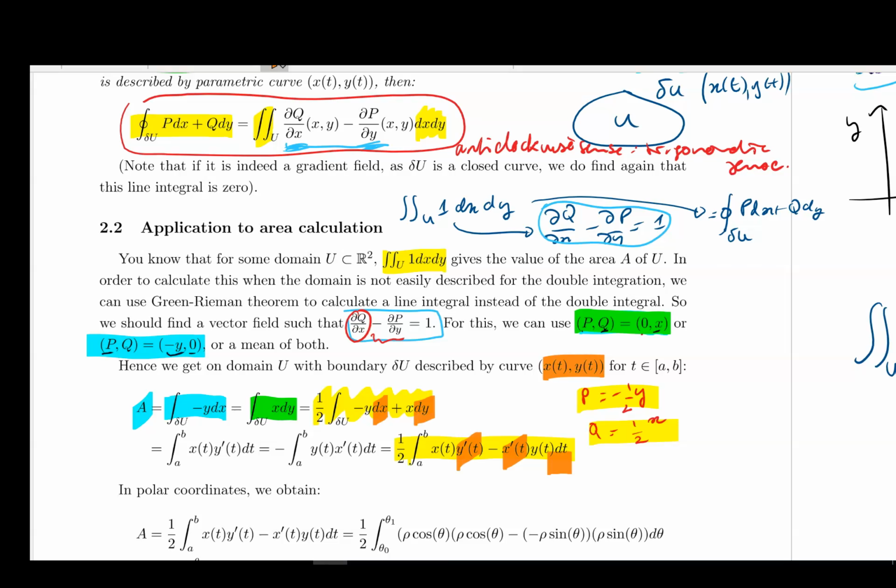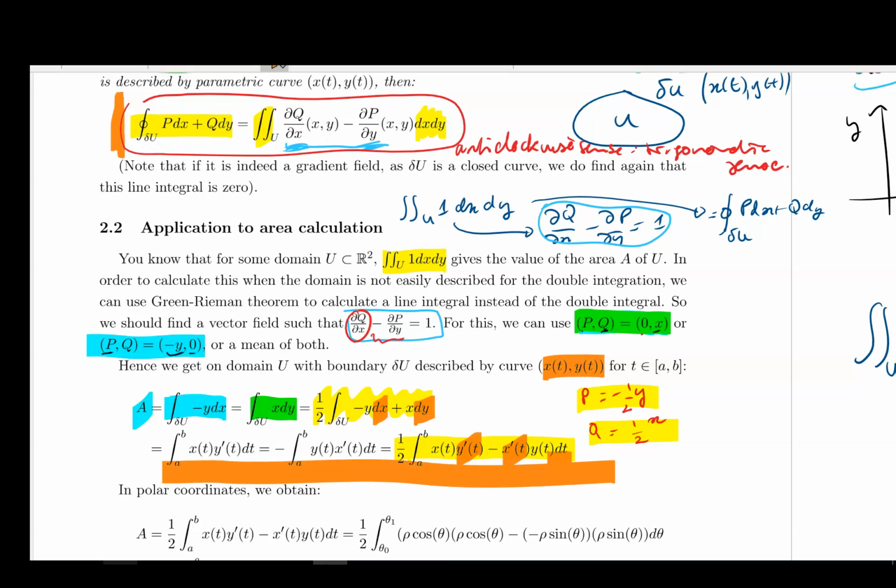Okay, so these are the formulas that you get. Of course you can learn them by heart, but if you understand where this formula comes from, then you don't have to learn it by heart, you just redo these simple calculations each time. So really the formula that you need to learn is the Green-Riemann formula, and then you just adapt it to what you need.